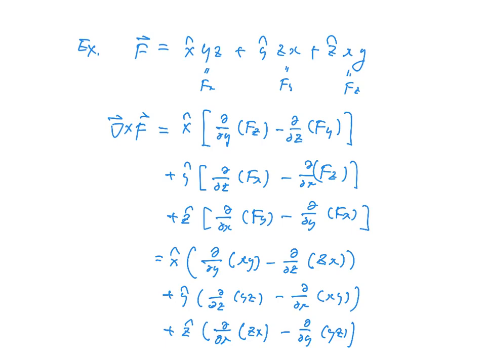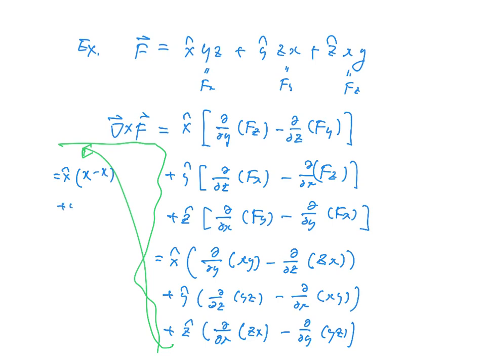Where shall I do it? Maybe have some room here. So what is partial y of Zx? Zero, and what is partial z of Zx? X. Well, I didn't intentionally do this.